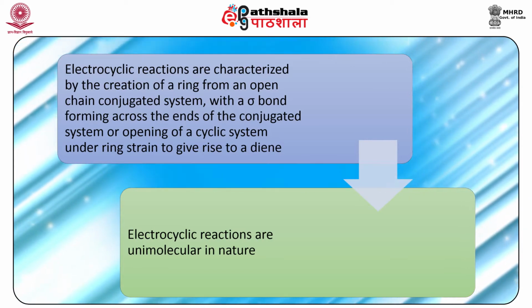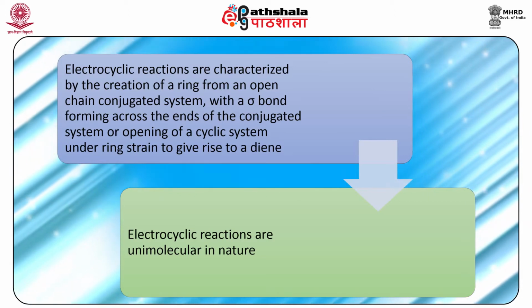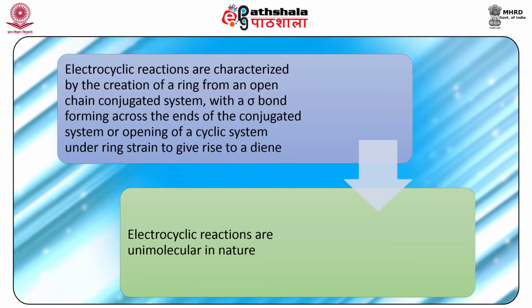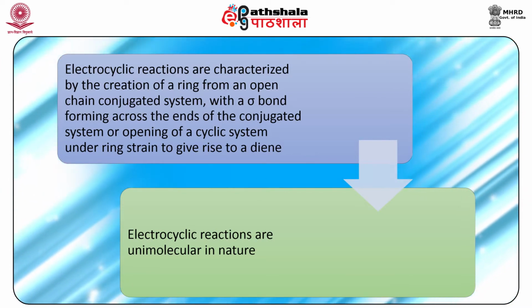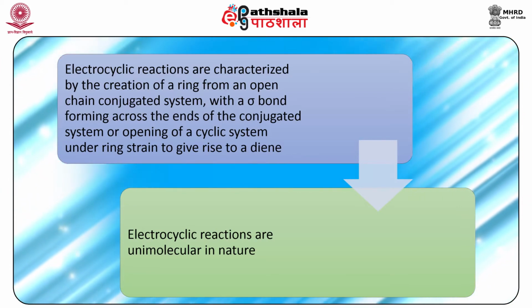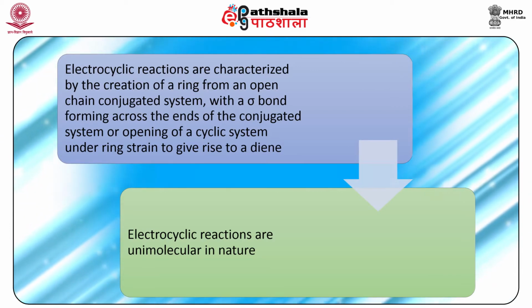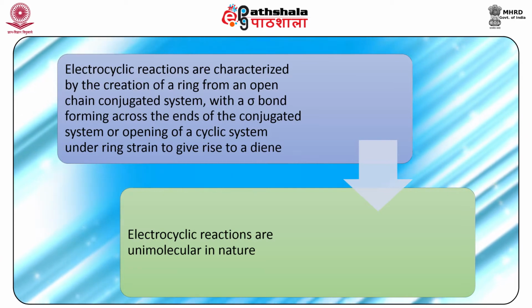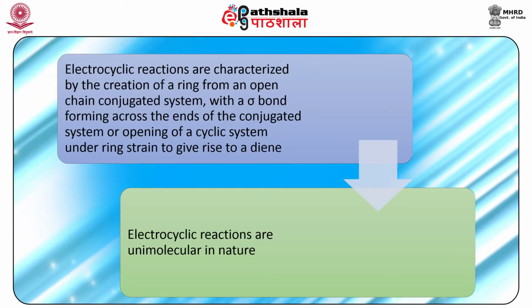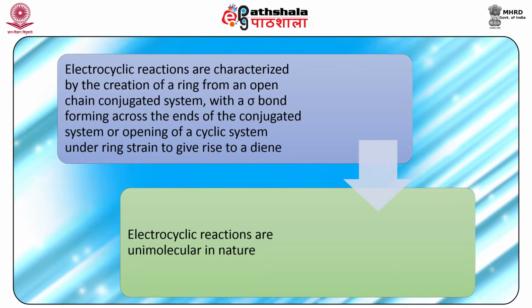Electrocyclic reactions are characterized by the creation of a ring from an open chain conjugated system with a sigma bond forming across the ends of the conjugated system, or opening of a cyclic system under ring strain to give rise to a diene.